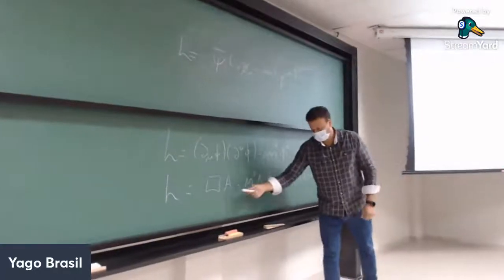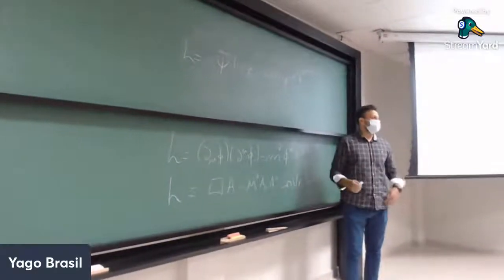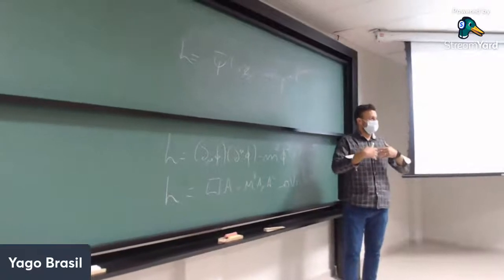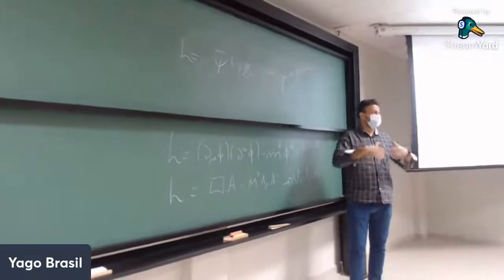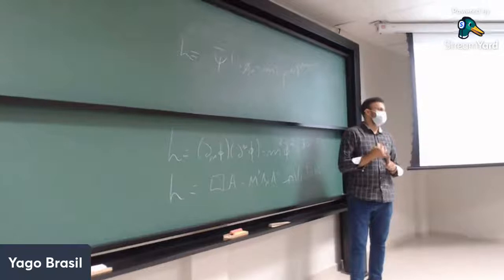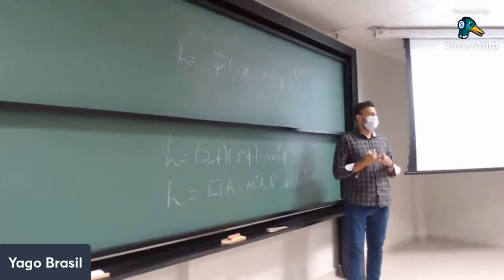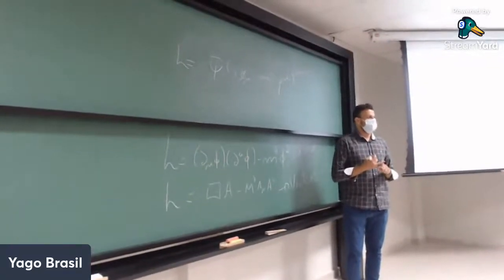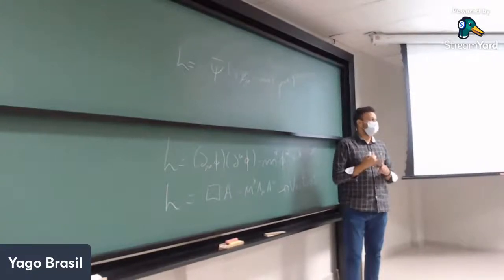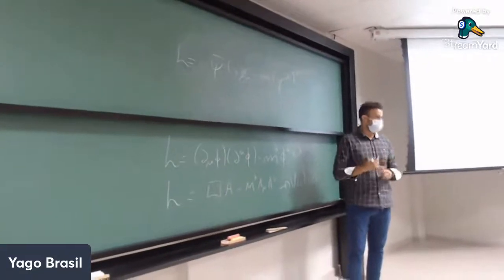So what is a vector? Vectors are particles that mediate, or are messengers of, some forces. Like the photon is a vector. W and Z bosons are vectors. They mediate the weak interactions, so radiative decays.